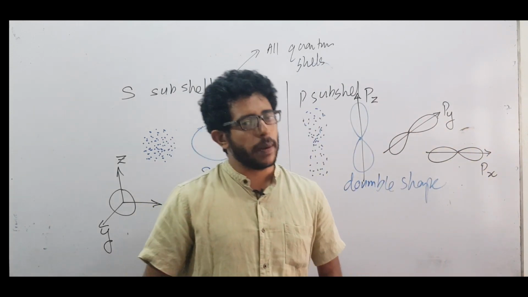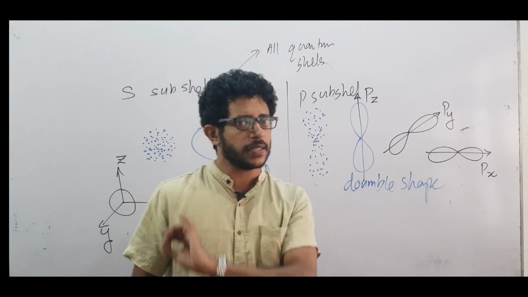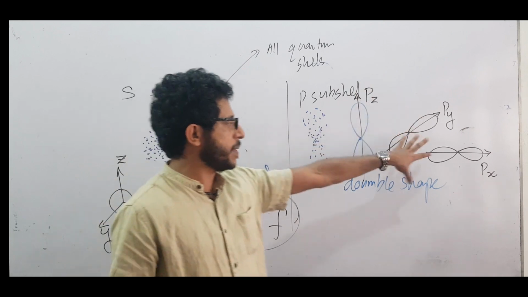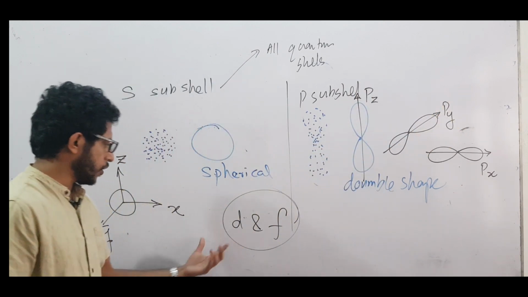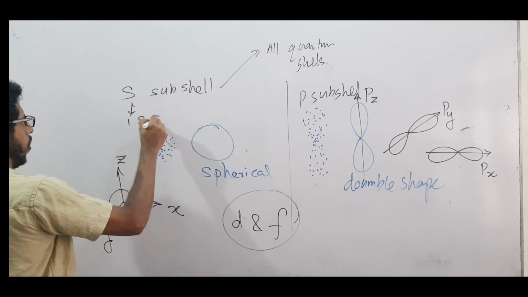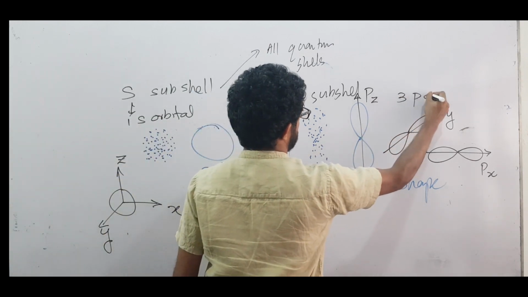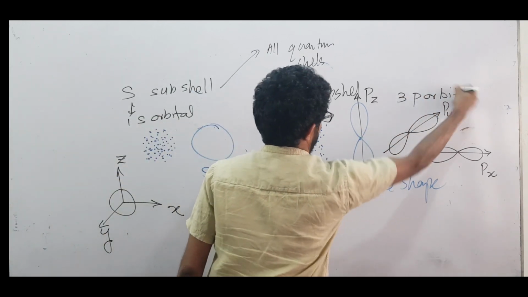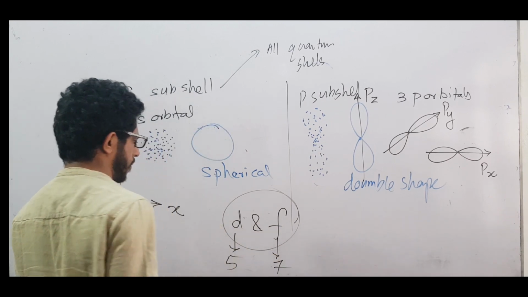They do not expect you to memorize the shapes of the d subshell because those 5 d orbitals are not exactly symmetrical like this. So, 1 s orbital, 3 p orbitals, 5 d orbitals and 7 f orbitals.